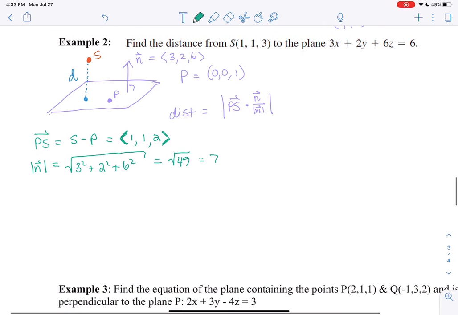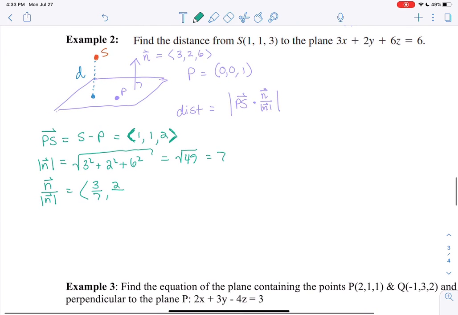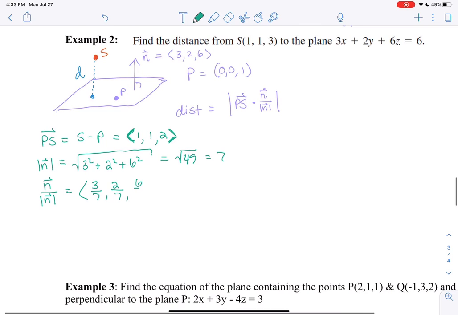So now I can use that to find n divided by 7, which is just the components of n divided by 7. So that'll be 3 sevenths, 2 sevenths, and 6 sevenths.